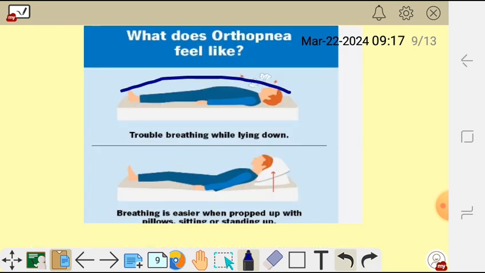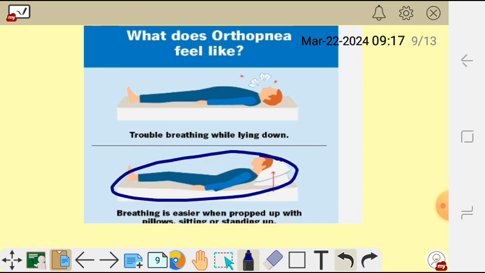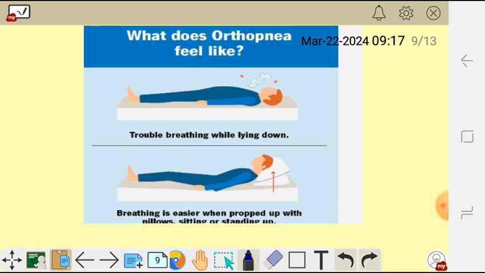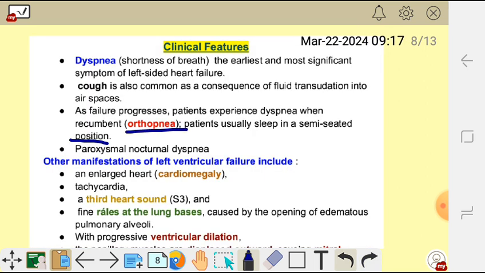Okay, so if the patient lies down flat on the ground like that, they will have trouble breathing while lying down. That is corrected by sleeping in a semi-seated position. That is what we call orthopnea.